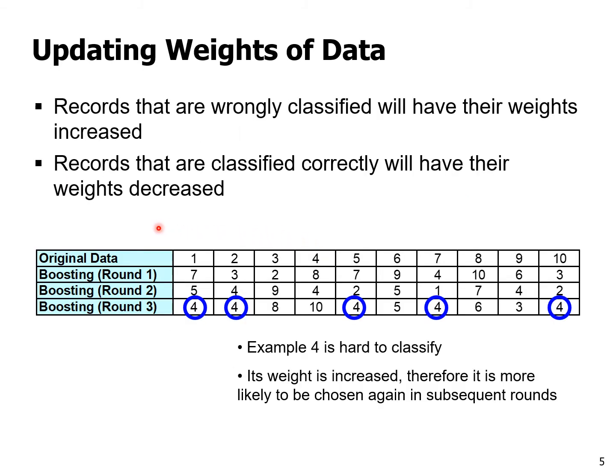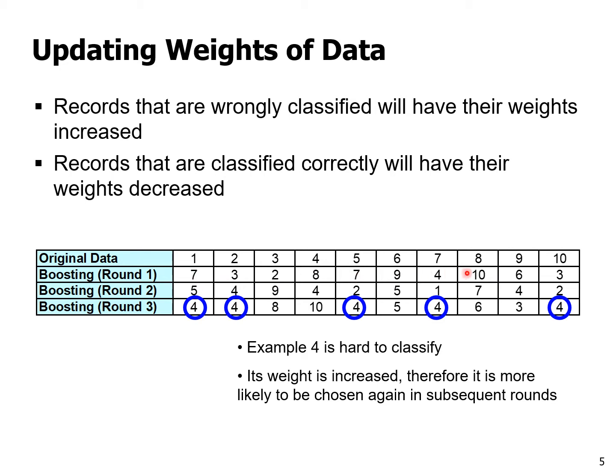Let's take a look at the example here. Let's say we have 10 original data. Again, in the beginning, each data has the same weight. In round one, using boosting, we do a sampling, and this is the first sample.